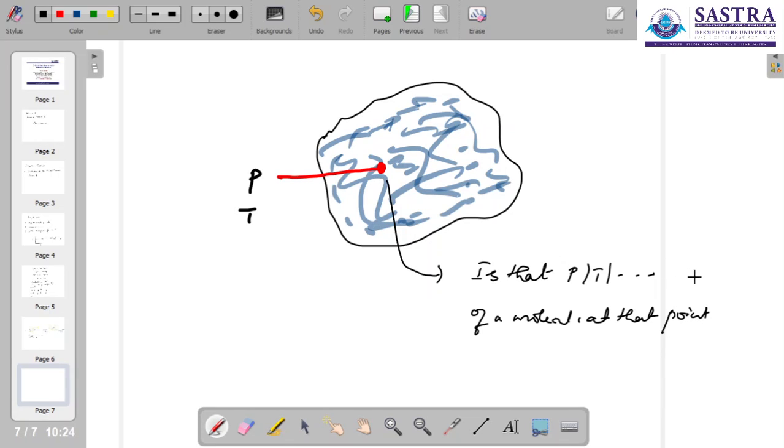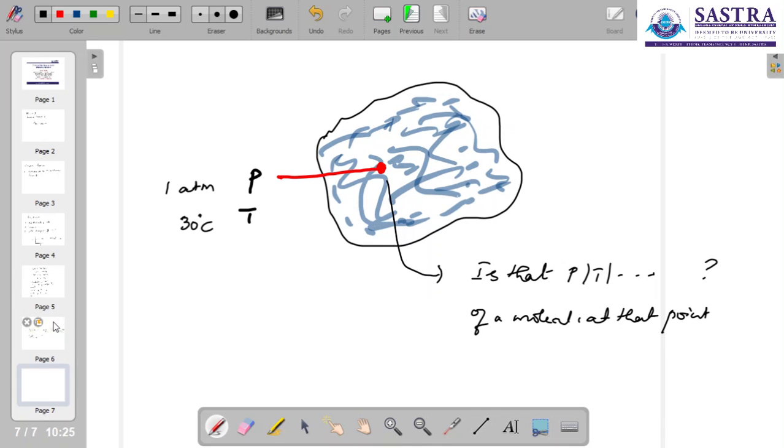When we say the pressure at this point is 1 atmosphere, does that mean there is a molecule at this point and the pressure of that molecule is 1 atmosphere? If we say the temperature at this point is 30 degrees Celsius, does that mean that there is a molecule at this point and its temperature is 30 degrees, or do we mean something else?